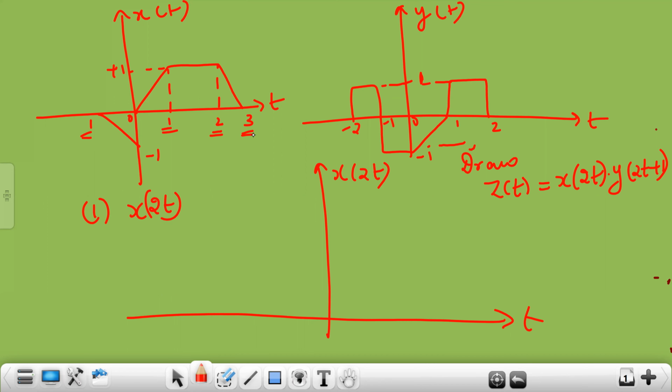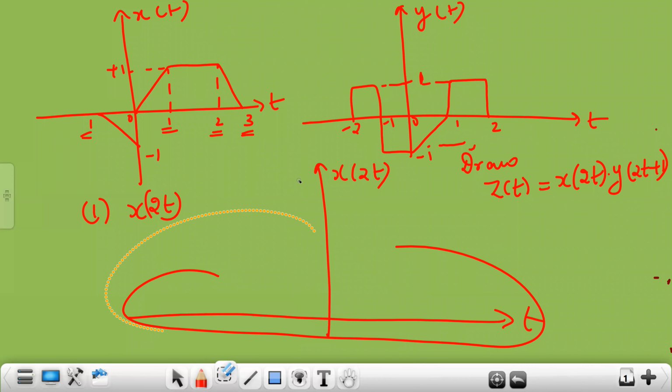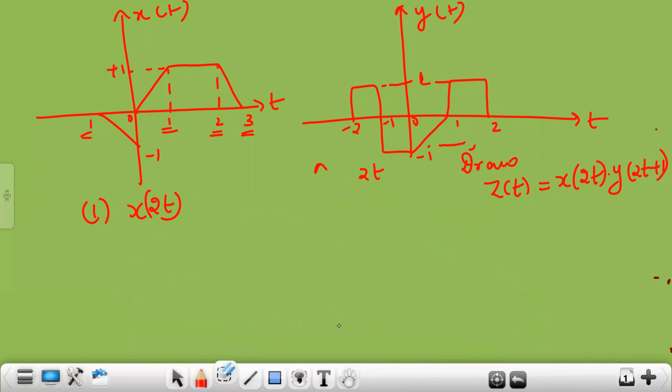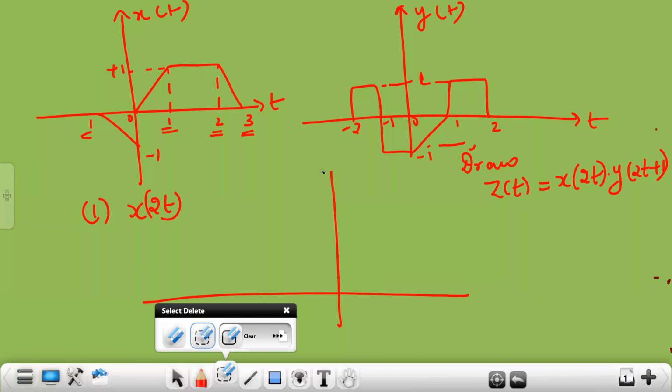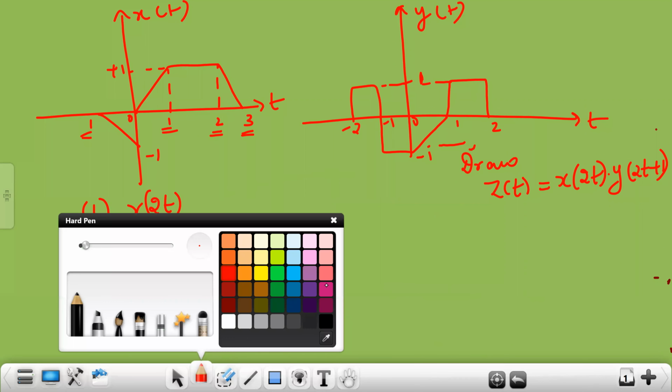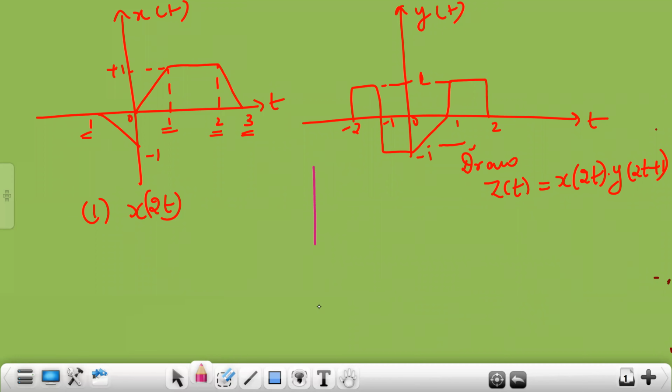Draw the signal, the same shape you need to retain, but the time axis you need to change accordingly. This is x of 2t, what I am drawing now. This will be a compressed signal. Same shape I am retaining. There is no change in amplitude also.